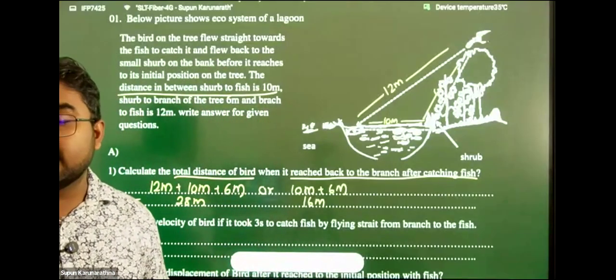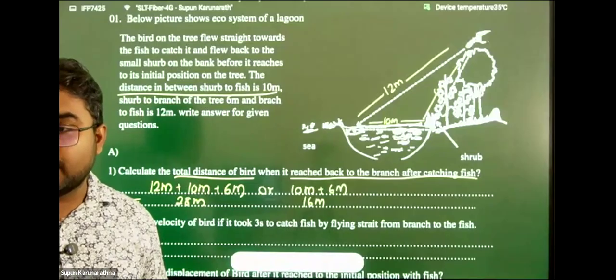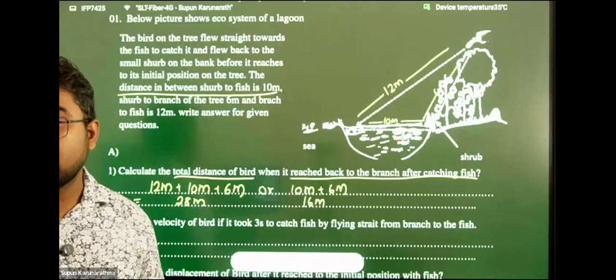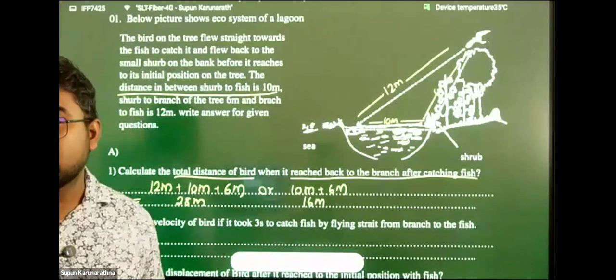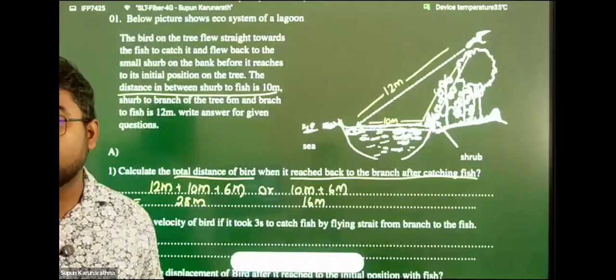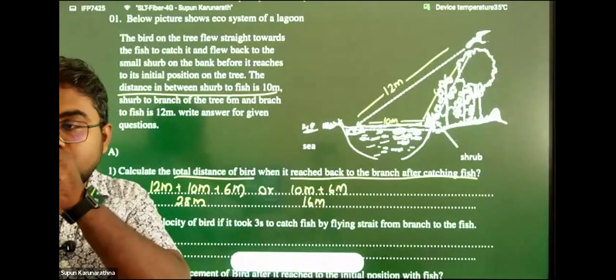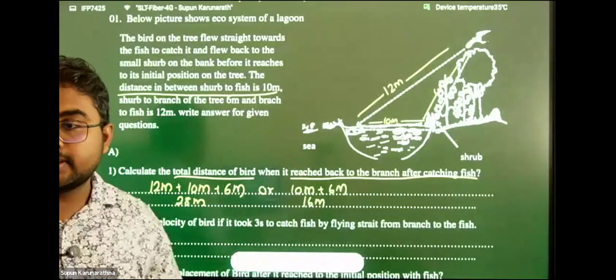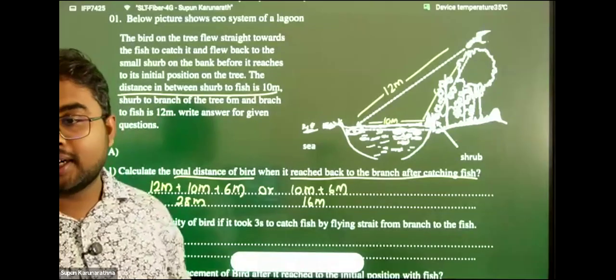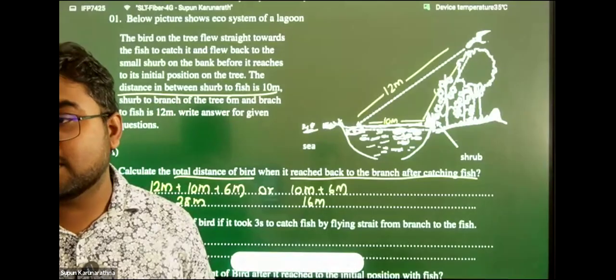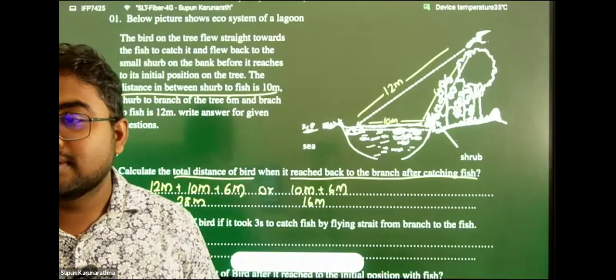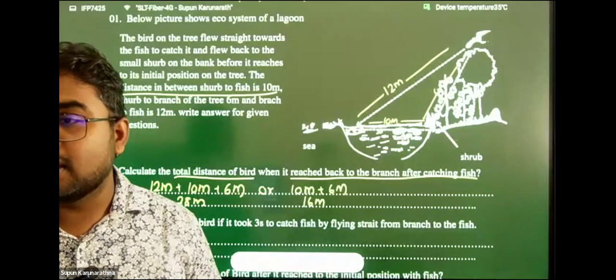Is there any different answer here? No different answer? Yes, 28. Good.